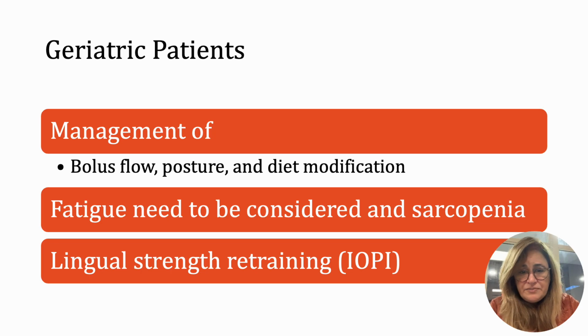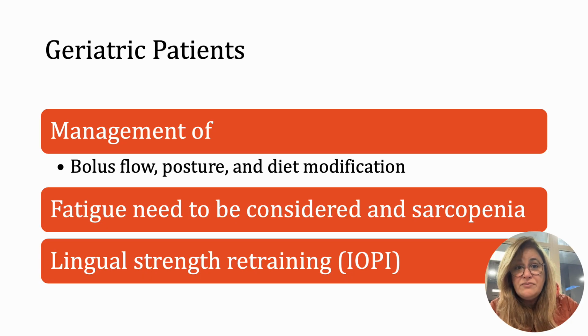Then we have geriatric patients, and when we think about geriatric patients, it always comes with dementia, maybe sometimes Parkinson's, so all of that, but we can always keep in mind that bolus flow is one of our areas that we're going to be looking at, posture and diet modification. Just keep in mind that sarcopenia comes and that will result in fatigue.